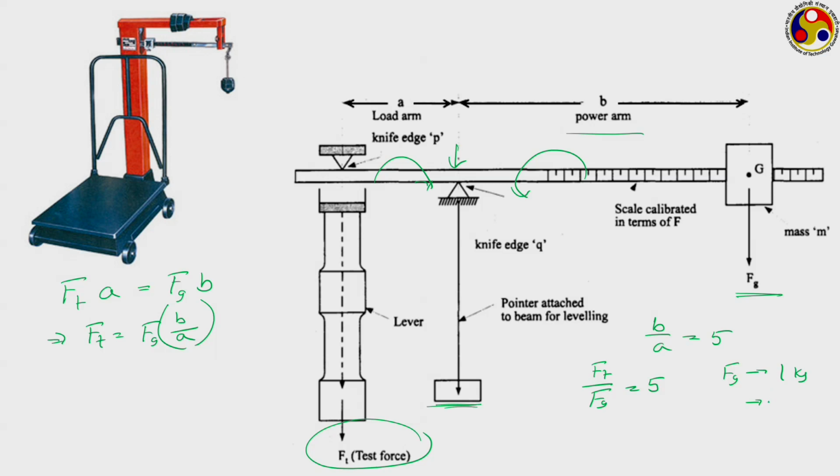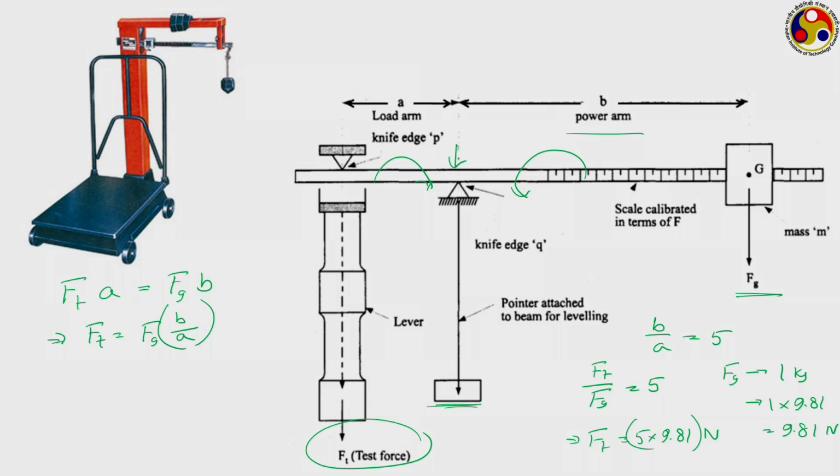This is of course m into g, that is 1 into 9.81, that is 9.81 Newton. So, just by adding a mass of 1 kg, which leads to 9.81 Newton of force, we can get a measurement of Ft equal to 5 into 9.81. Whatever value you get, this much force can be measured.